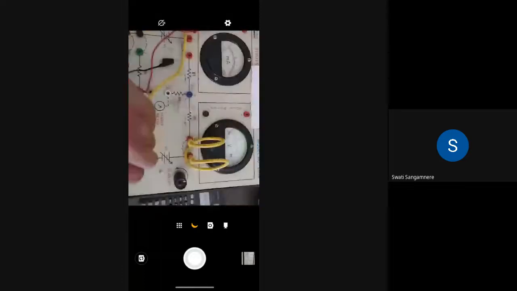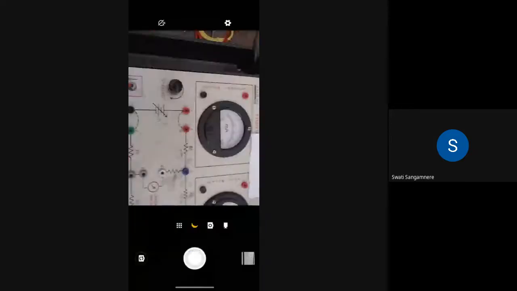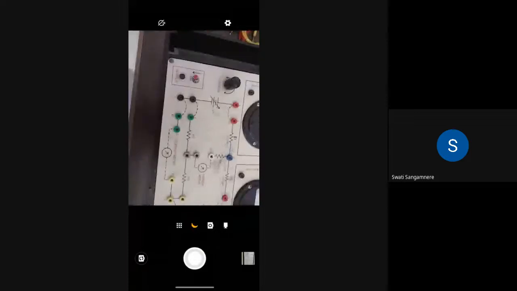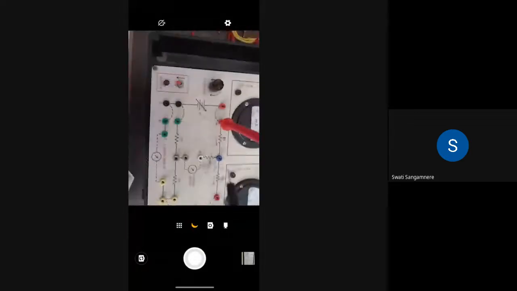So first switch off the supply and remove all connections. And then measure the values of all resistances, that is R1, R2 and R3.